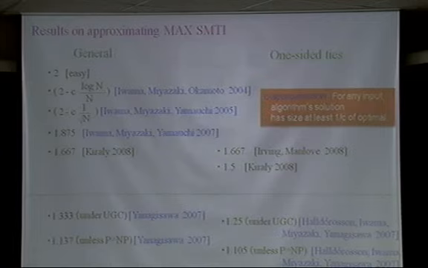Actually, when I was working around here, I thought that the real approximation ratio is 2, like the vertex cover problem. So I thought that we should try to raise the lower bound, but we succeeded.